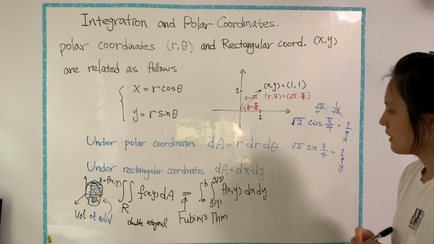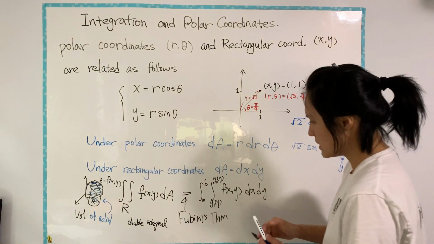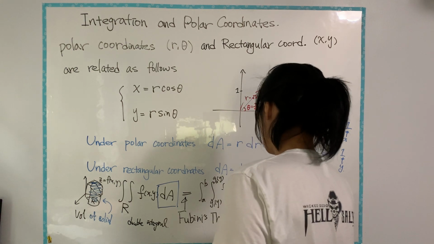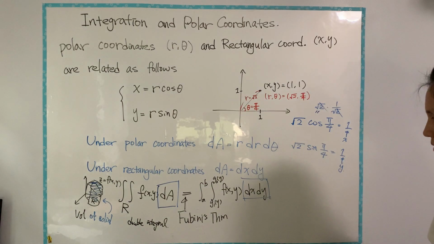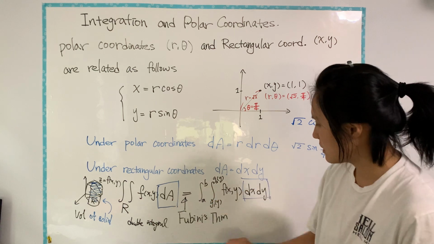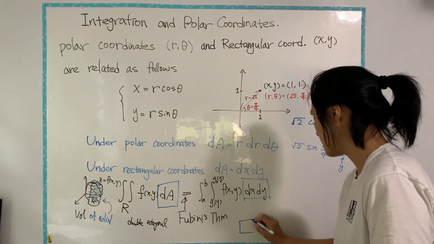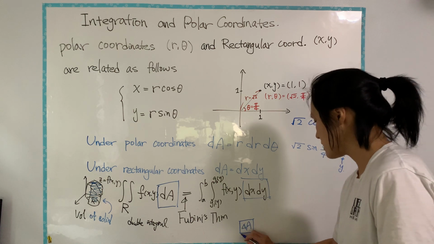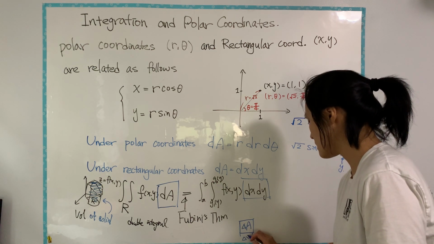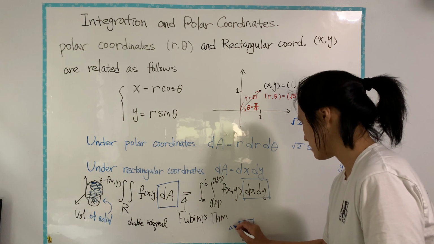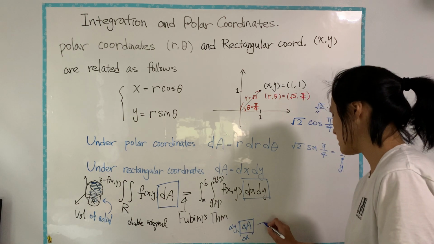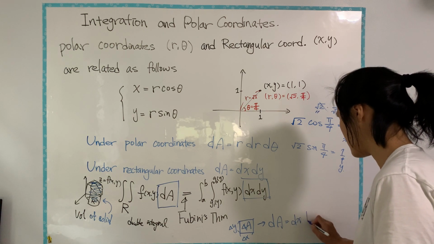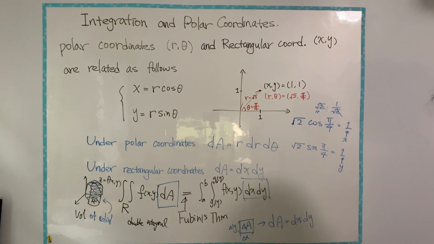In here we see that under rectangular coordinates, dA, the area, is basically the base times the height, right? So this leads to the formula dA equals dx dy.